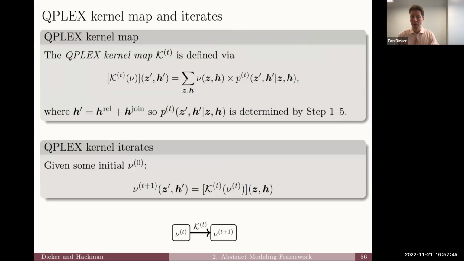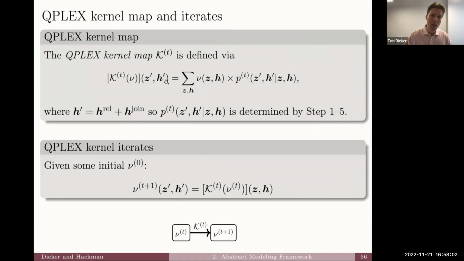Okay, so this was a lot. Five steps. The most important part is we have 5 primitives, and these 5 primitives together define a transition probability PT.